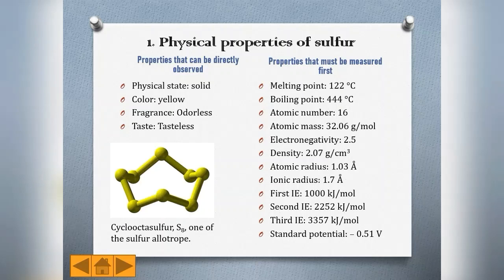First ionization energy is 1000 kJ per mole. Second ionization energy is 2252 kJ per mole. Third ionization energy is 3357 kJ per mole. And the standard potential is minus 0.51 volt.